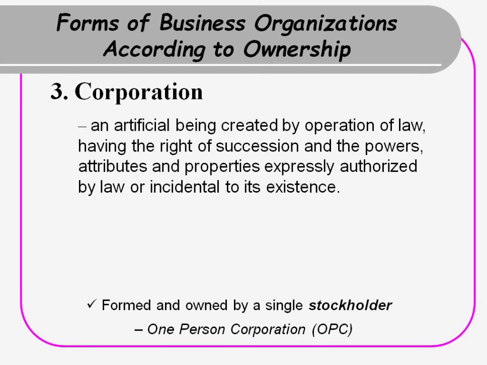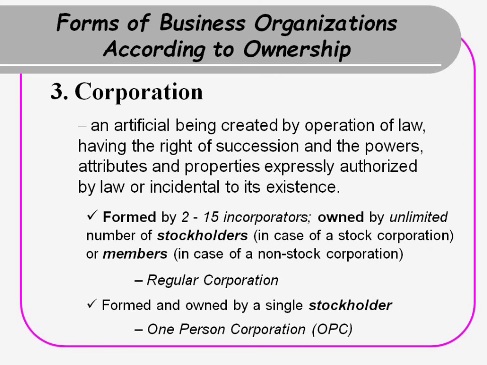And a regular corporation may be formed by 2 to 15 incorporators instead of the previous 5 to 15 under the old corporation code. After incorporation of a regular corporation, however, just like under the old corporation code, it may then be owned by an unlimited number of stockholders in case of a stock corporation or members in case of a non-stock corporation.